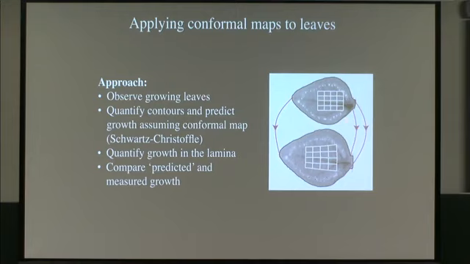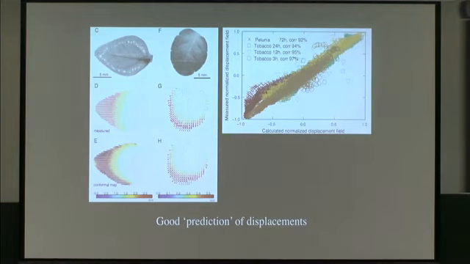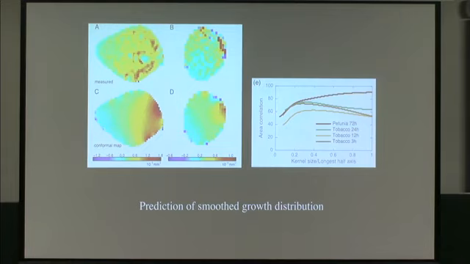We find that there is very good agreement for displacements between the conformal map and the actual measured displacement within the leaf, but not so for the growth rates. These are derivatives of displacement, so there are small-scale fluctuations that we don't capture. So we capture the big trends in the growth of the inside of the leaf, but not the small-scale features.